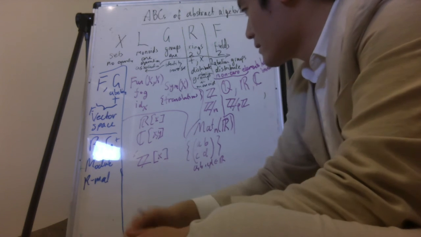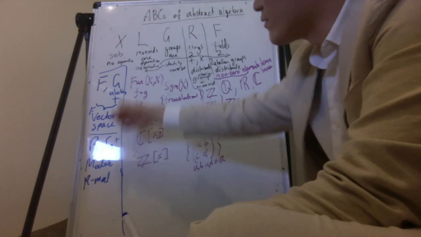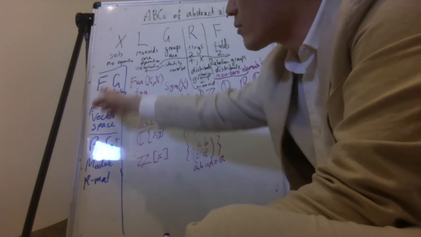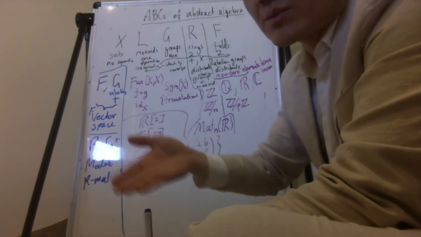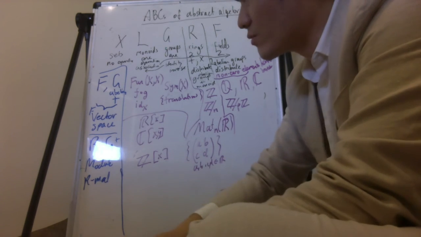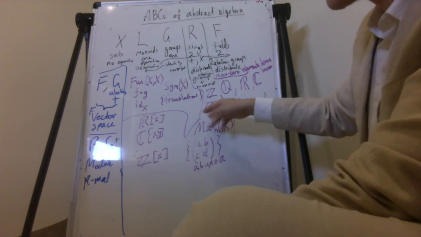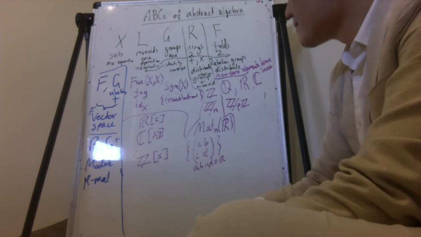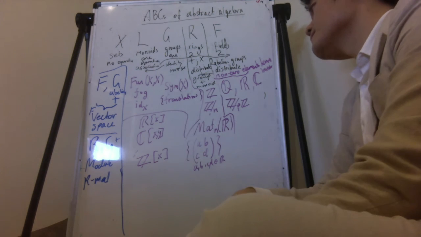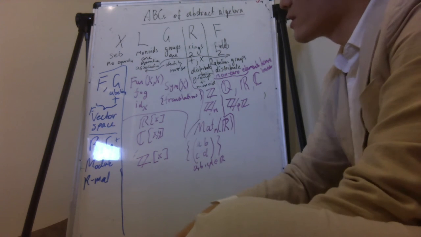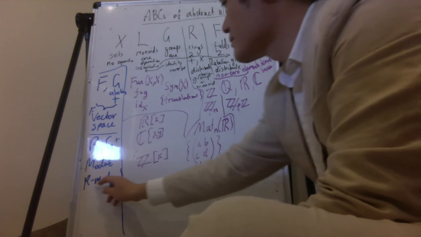Basically the difference between a module and a vector space is that the scalars are not coming from a field. So your intuition behind scaling things might not be right. With a ring, when you scale it, it could end up killing it. That's kind of weird. We're not really going to go into that.